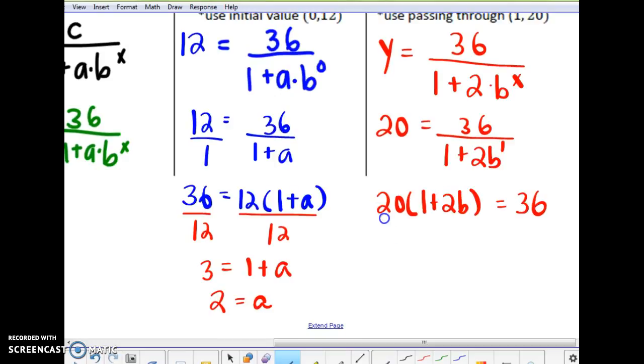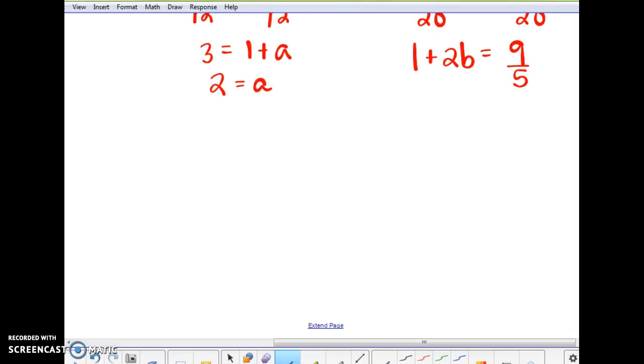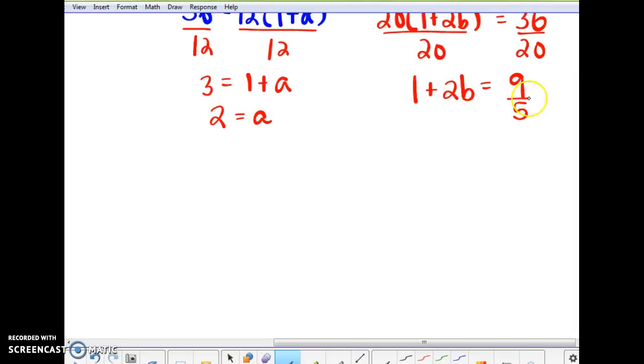I'm going to divide each side by 20 again. I'm going to keep it as a fraction, and you are going to as well. So I have 1 plus 2b equals 9/5. I'm going to take away 1 from each side, so minus 5/5. 2b is equal to 4/5.